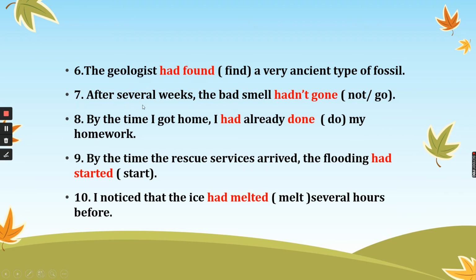7, after several weeks, the bad smell hadn't gone. Hadn't gone is the past participle of the verb go, of course, in the negative form. Number 8, by the time I got home, I had already done my homework.